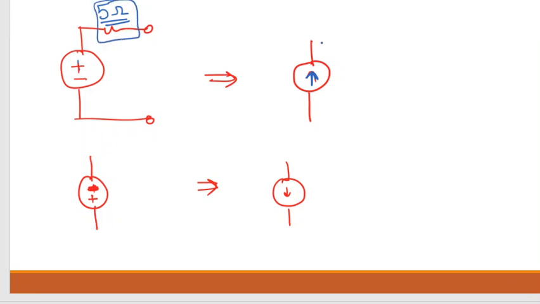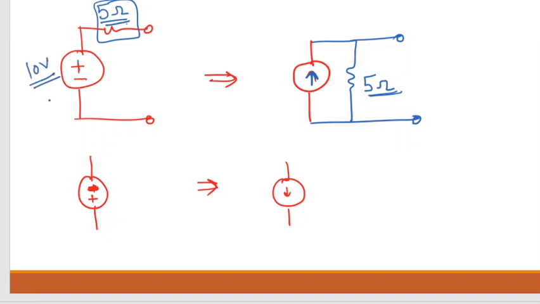Now suppose here there is 5 ohm. This 5 ohm must be connected in parallel with the current source: the same amount, the same resistance. If there is 5 ohm, then we connect the same resistance as it is with the current source. Now suppose the voltage is 10 volt and we need to get the value of the current source.